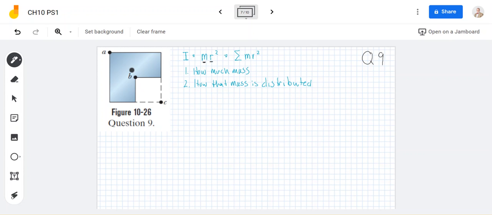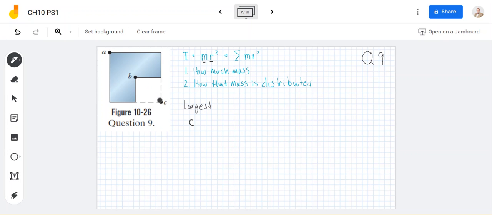So let's look at these three. You want to know which is the largest I value. Largest is going to be C, because each of them has the same mass. You're still trying to rotate the same mass.